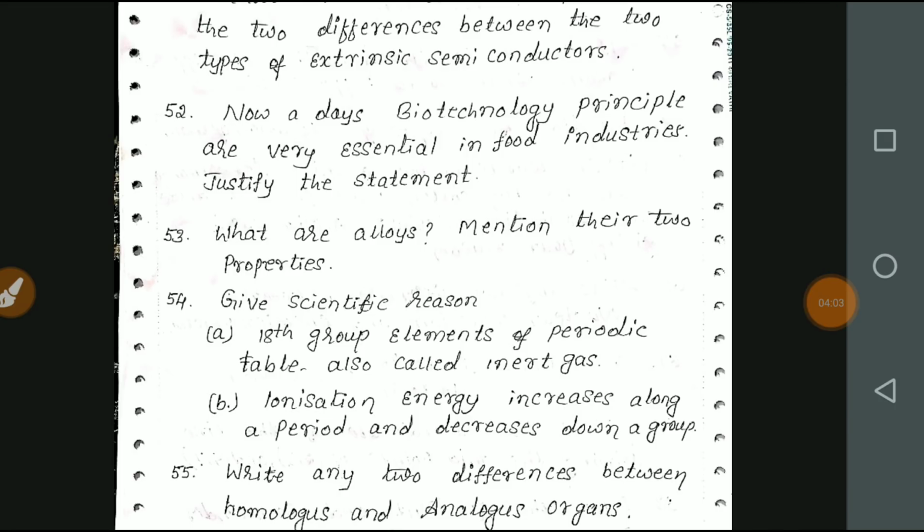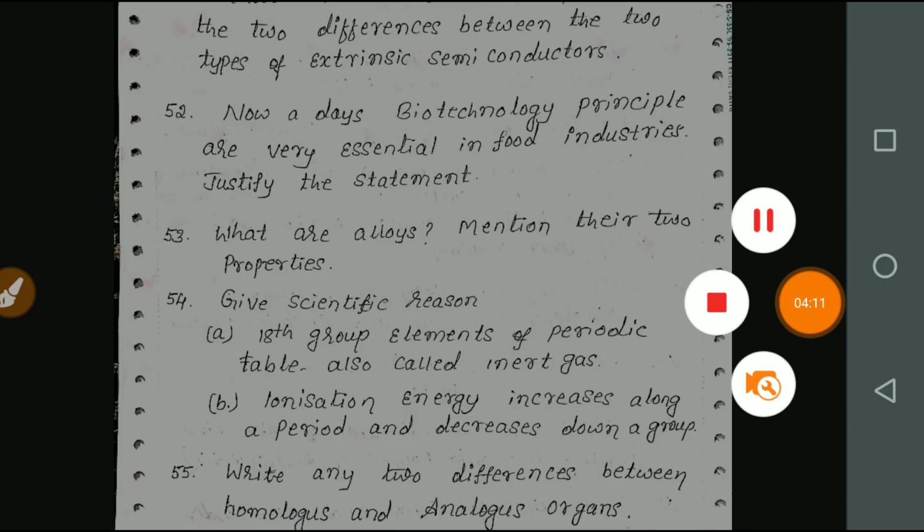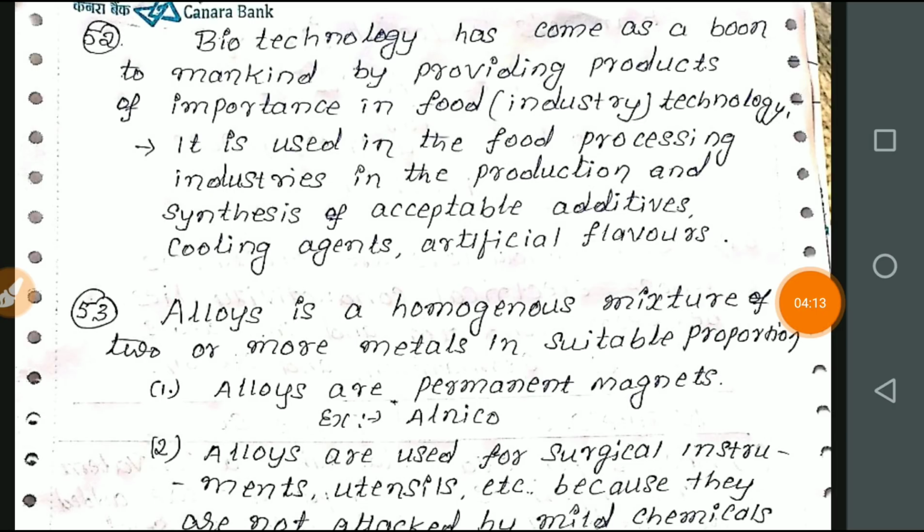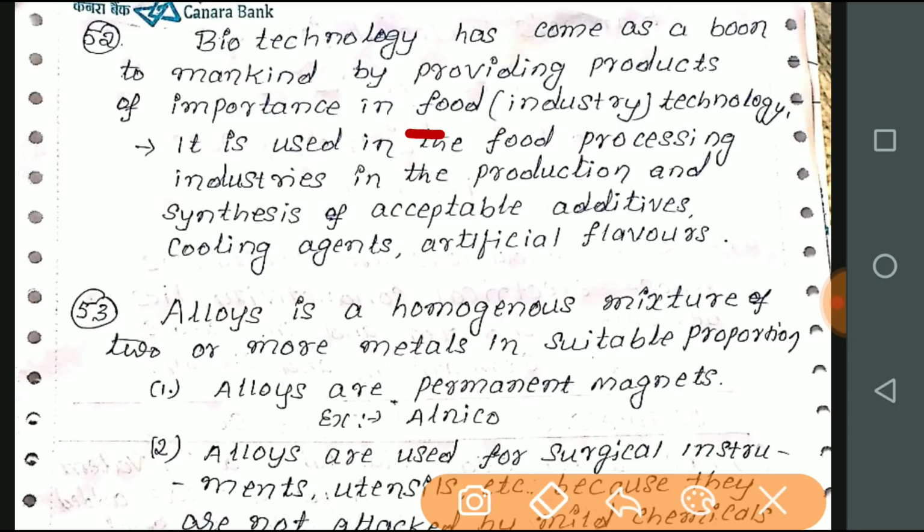Nowadays, biotechnology principles are very essential in food industries. Justify the statement. Dear friend, biotechnology has come as a boon to mankind by providing products of importance in food industries or food technology.